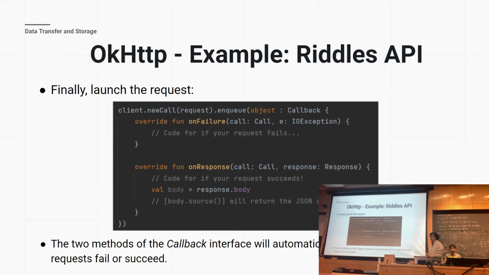And in either case, you need to be able to handle what happens next, right? If it fails, what will happen? You put that in the block of code up there. If it succeeds, what will happen? You want to put that in the block of code underneath. And for our case, if it succeeds, we want to actually parse it. And this is where we put our Moshi code, in the onResponse part.